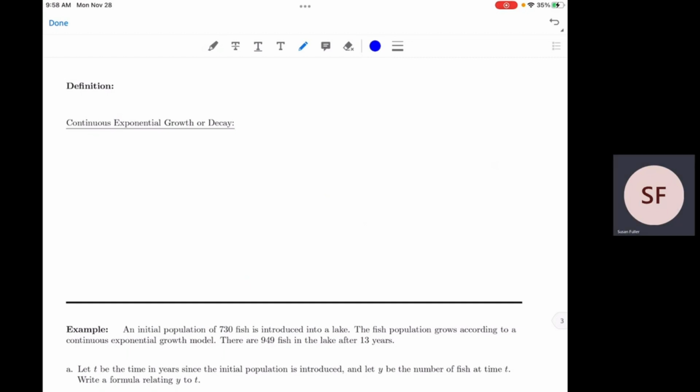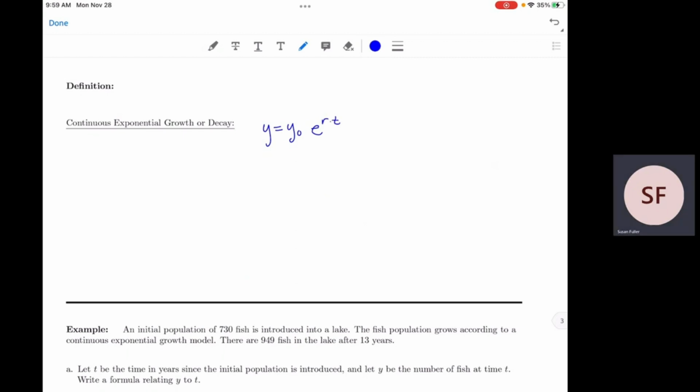So continuous exponential growth or decay means that things are constantly growing or decaying at a certain rate, all the time. It's not an annual thing. This formula looks like y equals y sub 0 times e to the r times t.